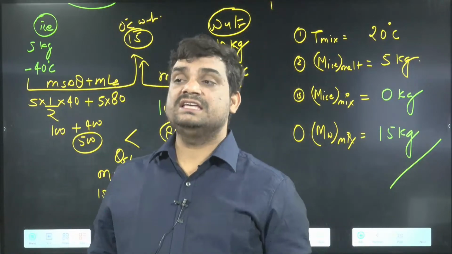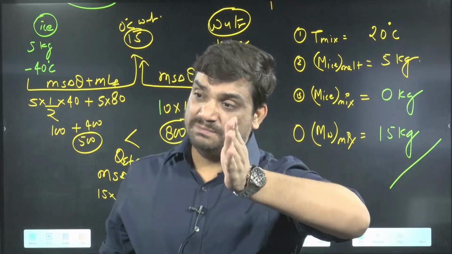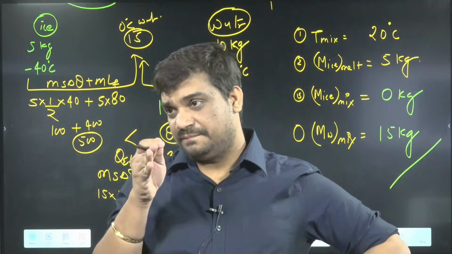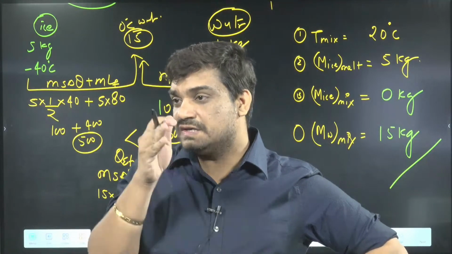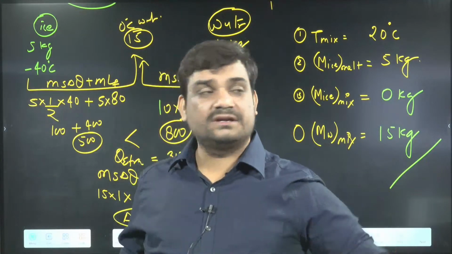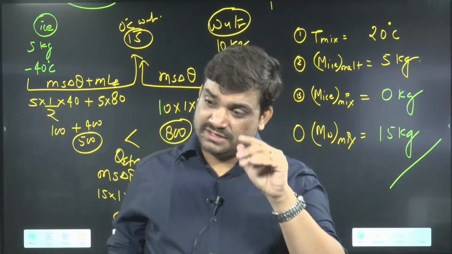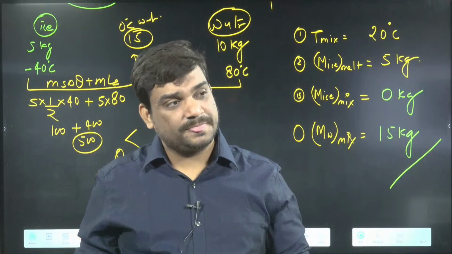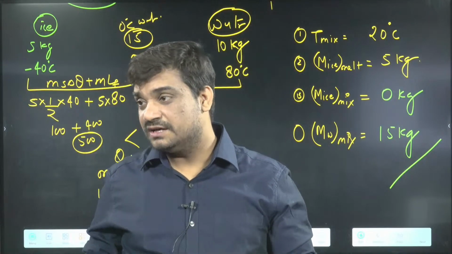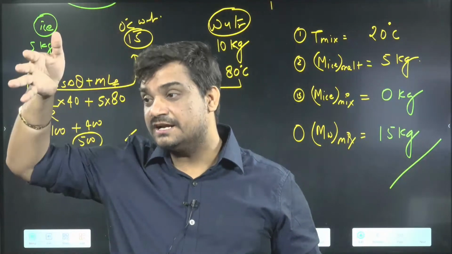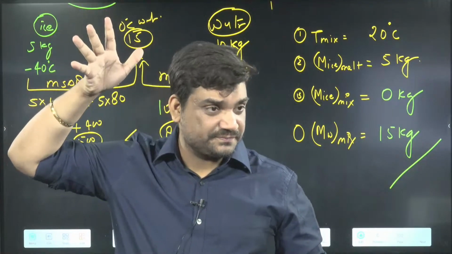And you know, when total ice will not melt, if ice and water both are there, and if in any question a mixture contains ice and water both, what can be the temperature of the mixture? You can say, if ice and water both are there, temperature of mixture is going to be 0 degrees Celsius, because both can coexist at the 0 degrees Celsius.